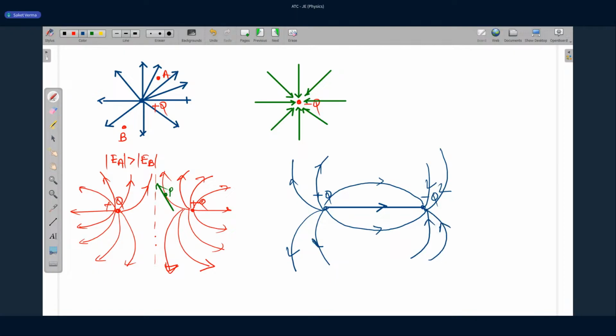So these two are leaving because it is a positive charge, and these are entering because it is a negative charge. If you again want to draw the electric field lines, at any particular point P you can draw the tangent, so the direction of the electric field is this.